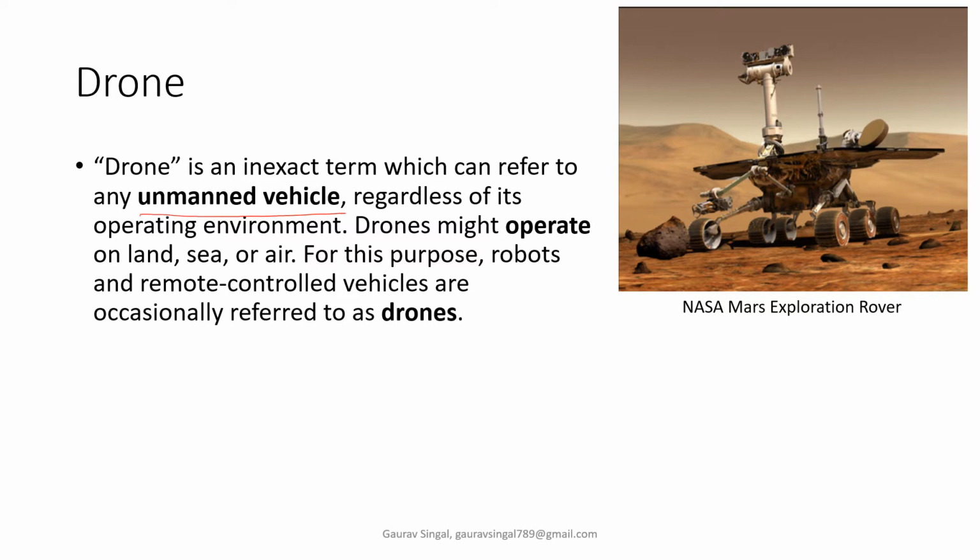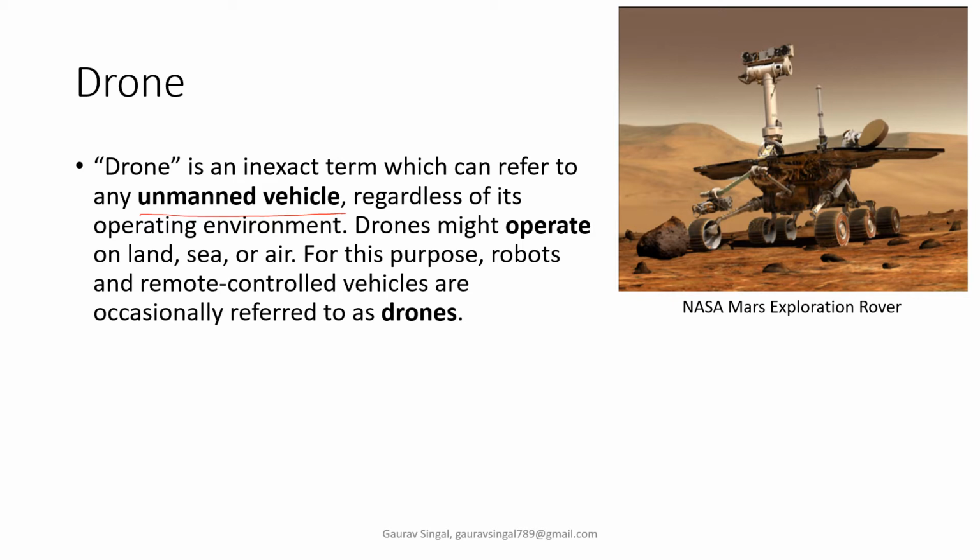Okay. Either you can say your two-wheel robot or four-wheel robot, what we are controlling with the help of remote control or sensors, that we can also call a drone. So first of all, this terminology should be clear. This kind of robot can also be called a drone, regardless of its operating environment.